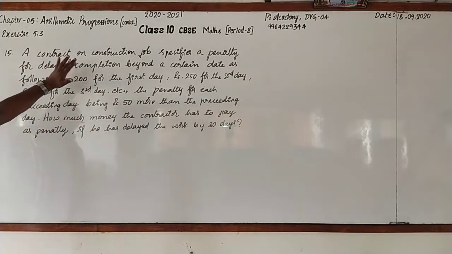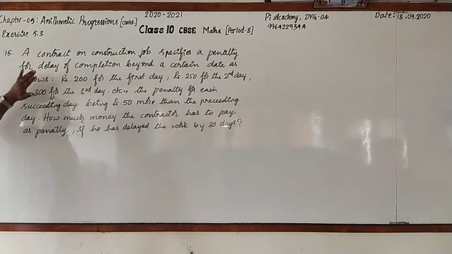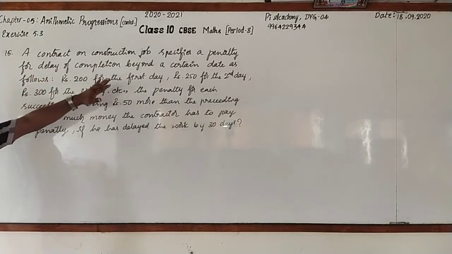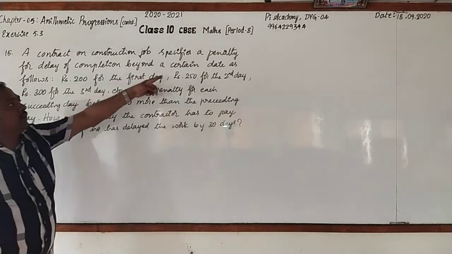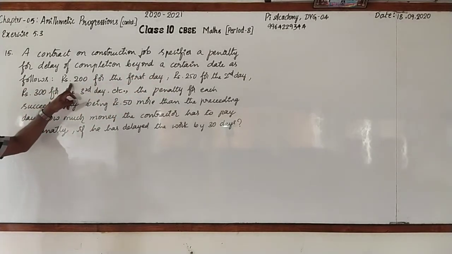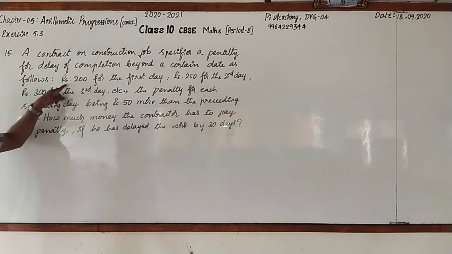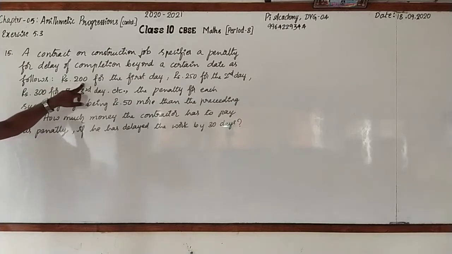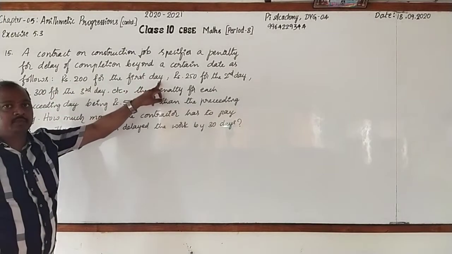A contract on construction job specifies a penalty for delay of completion beyond a certain date as follows. If the construction job has been finished one day late, then for one day it will be rupees 200. See that? Rupees 200 for the first day.